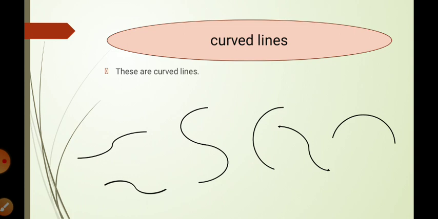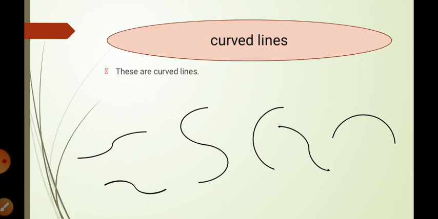You can see objects around you. The door has a border of straight lines. Or you can see the clock: its border is a curved circle. So some lines are curved, some lines are straight.